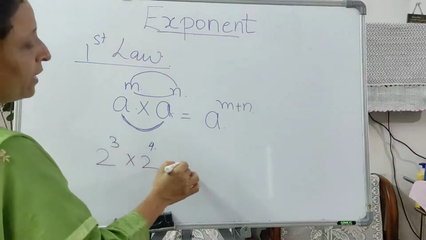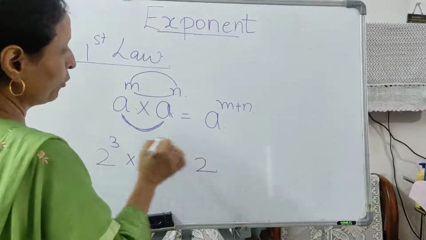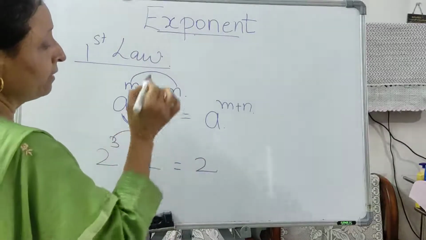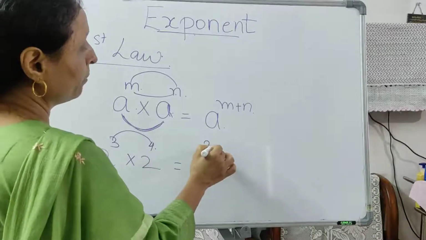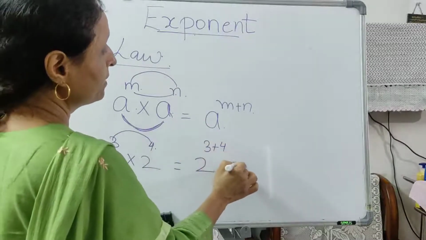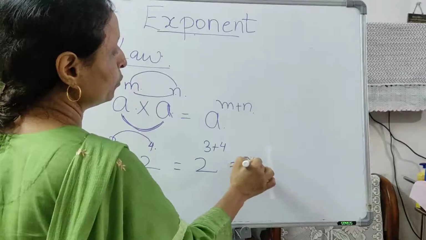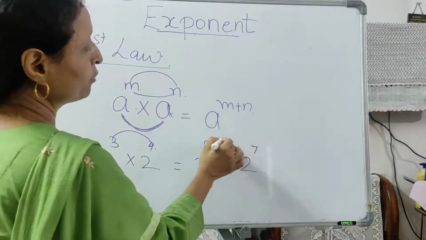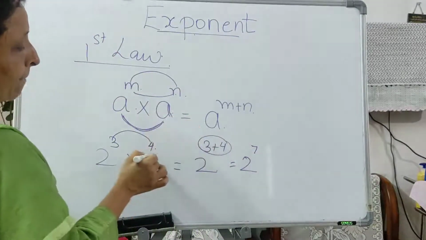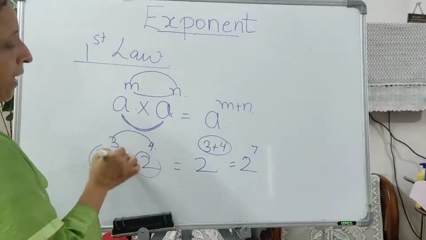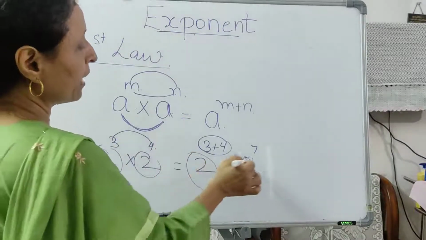So now the base is the same. What you do is add the exponents. 3 plus 4, that is 7. 2 raised to 7. Base is the same and the exponents have to be added.